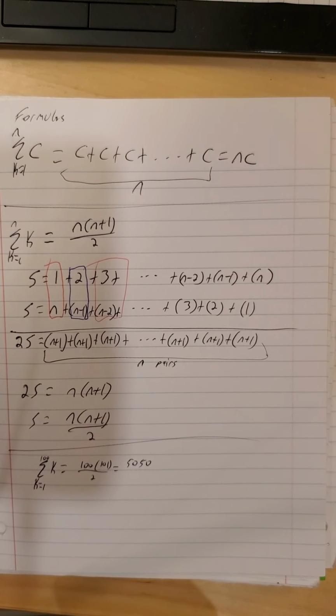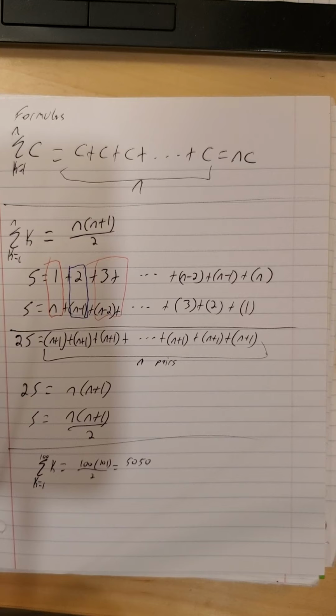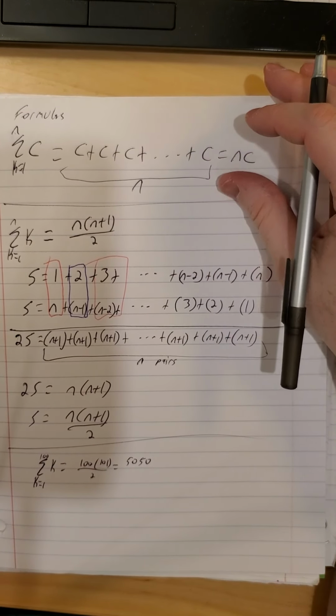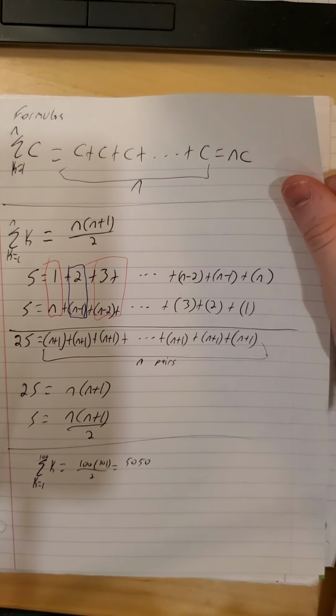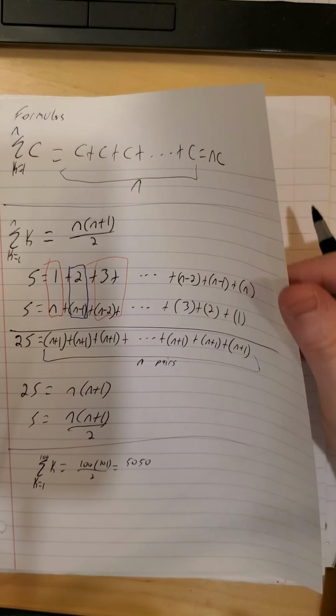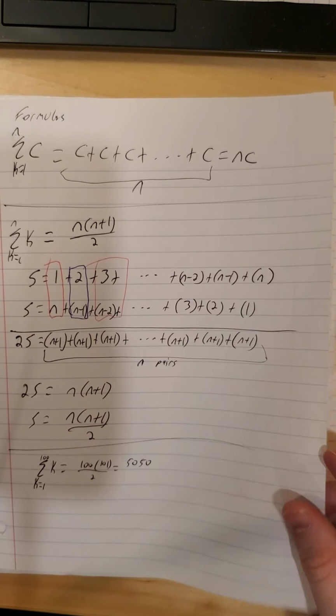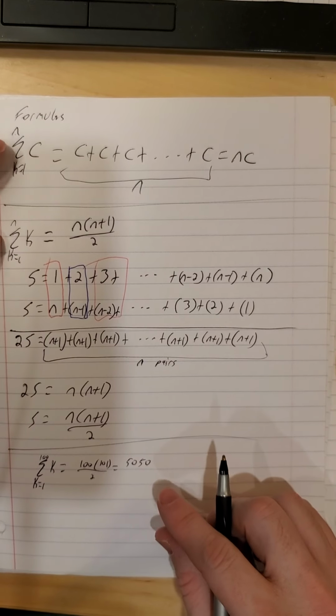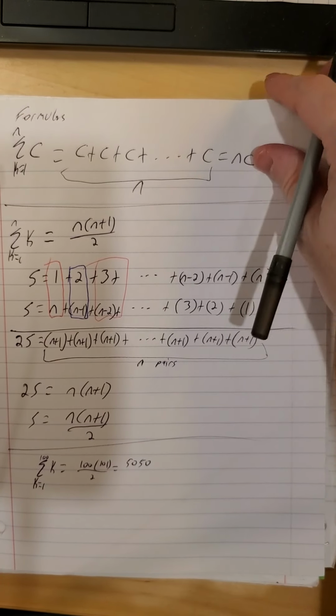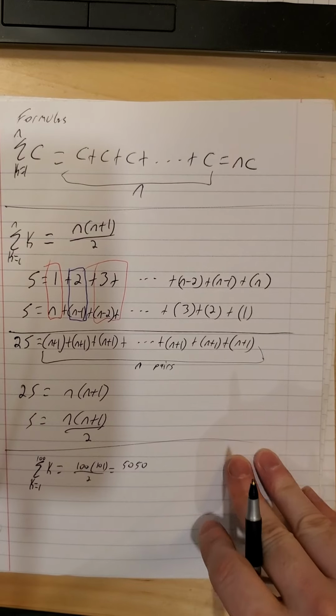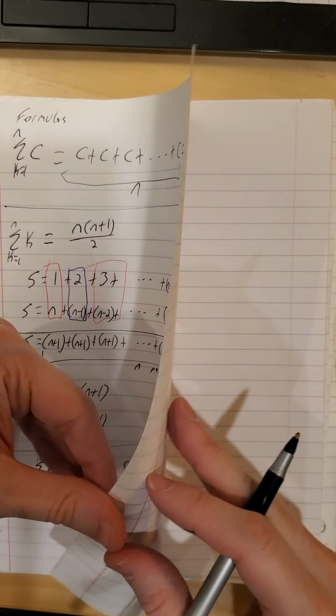A lot faster than 1 plus 2 plus 3 plus 4 plus 5 and stopping when you hit 100. Okay, so those two, I expect you to just get to know them. The next two, just be given the formula and be able to work with it.